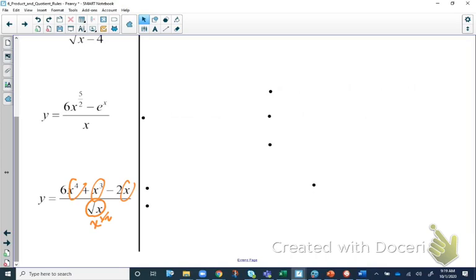So if I use the properties of exponents there, I'm going to get y to be equal to 6x to the, what would that be, 7/2 power, I believe. And then plus x, when I subtract the 1/2 there, that would be to the 5/2 power. And for the last one, minus 2, that would just be to the 1/2 power. There we go.